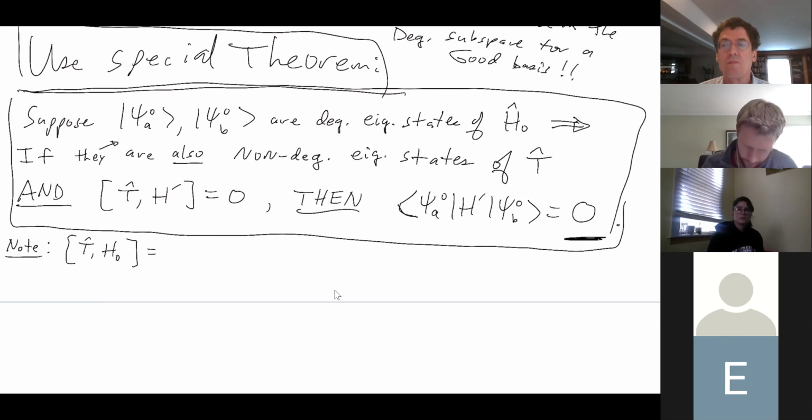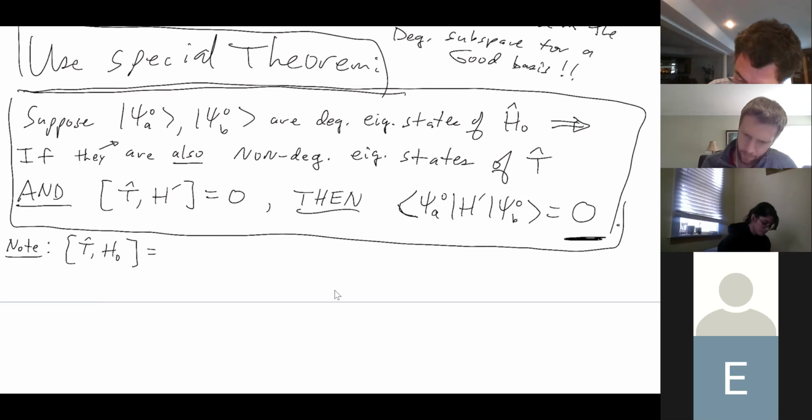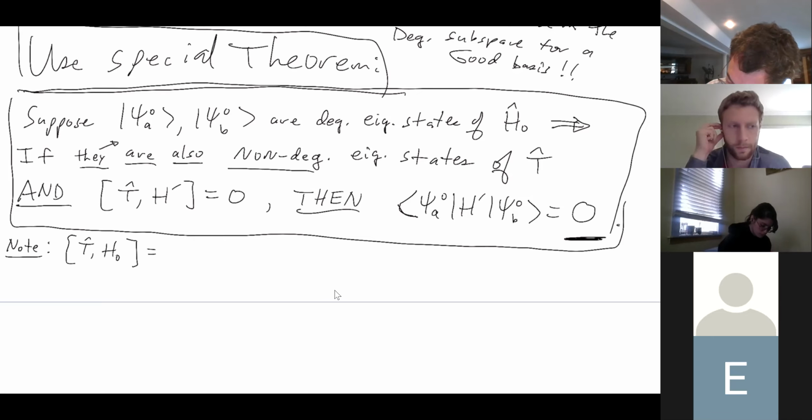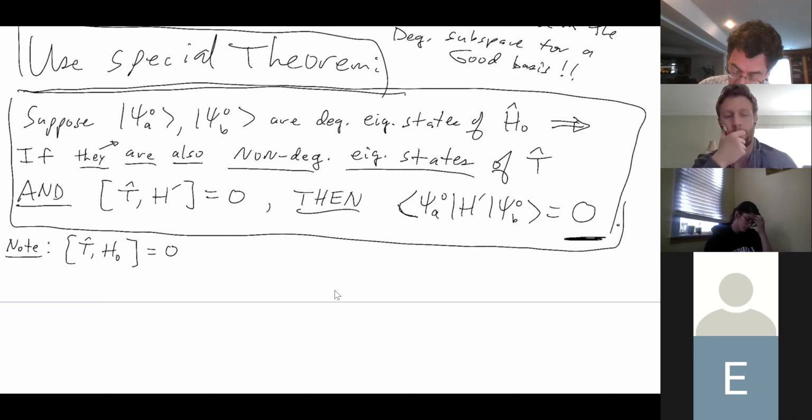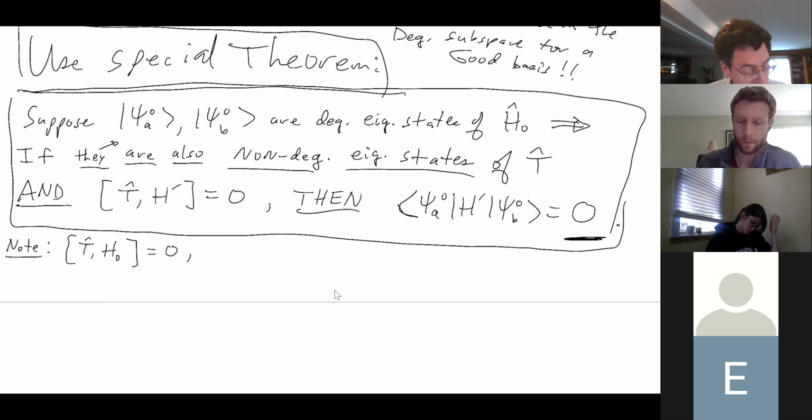Oh, it must commute. Good, exactly. It must. And the trick is to notice that the states are also eigenstates of T. And so to be simultaneous eigenstates means that T and H naught must commute. Okay? So that is part of it.